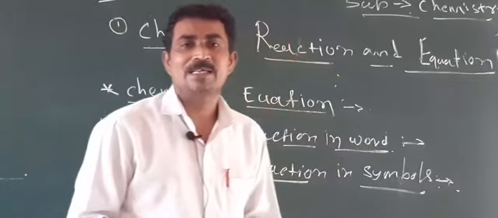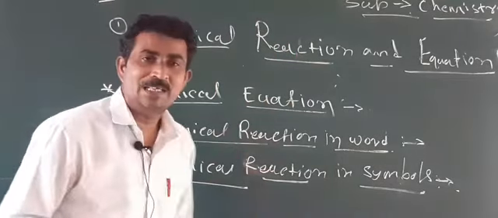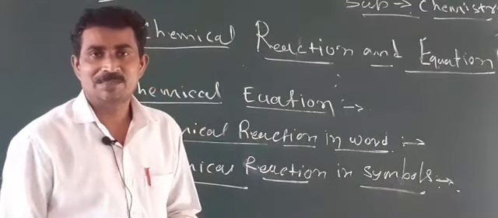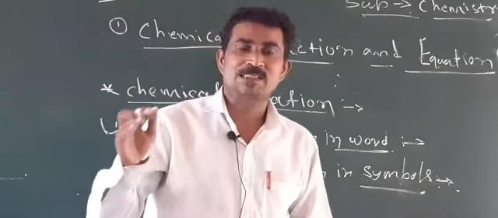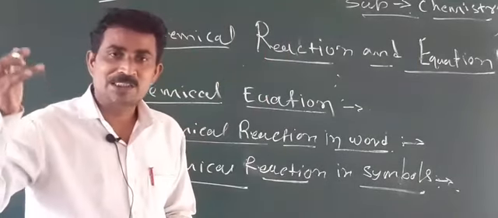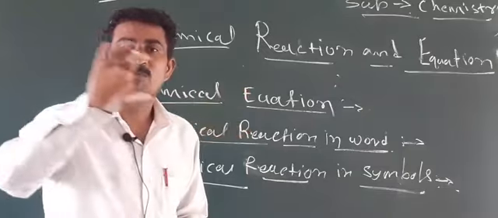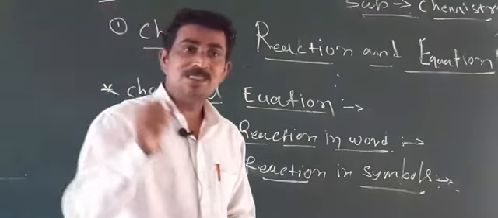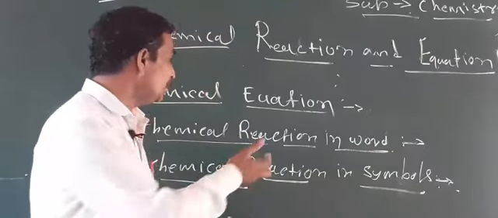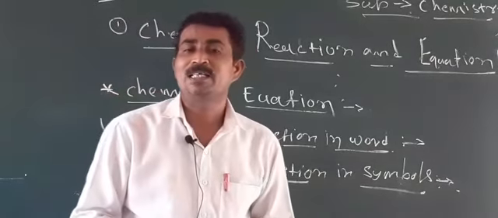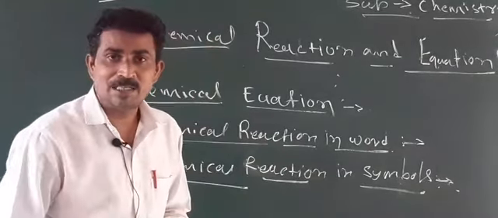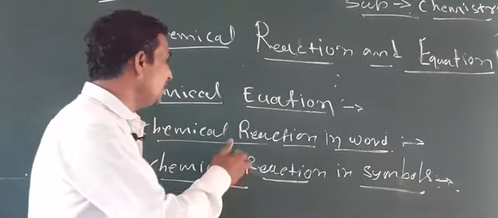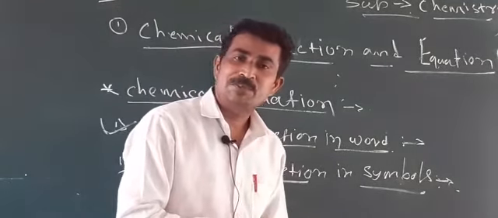That we call the word chemical equation. Suppose magnesium plus oxygen gives magnesium oxide. This is equation number 1, which chemical reaction is written using the chemical names.